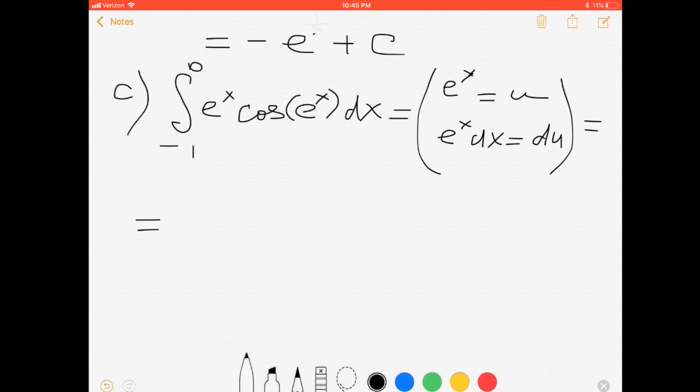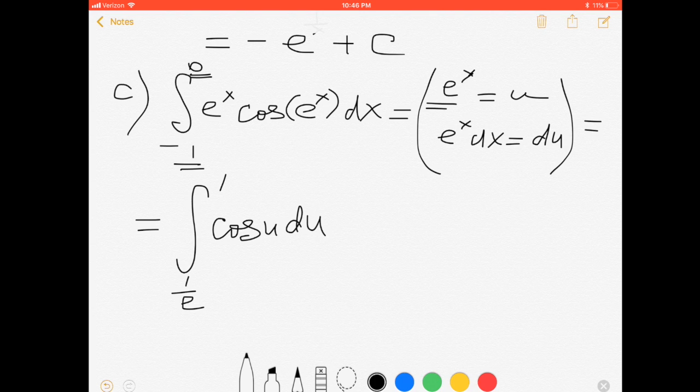We have the integral of cosine u du, but because we have a new variable, we have new borders. If x is equal to negative 1, e to the x will be e to the negative 1 power, which means 1 over e. If x is equal to 0, e to the x will be 1.